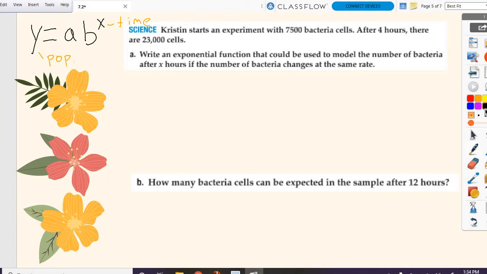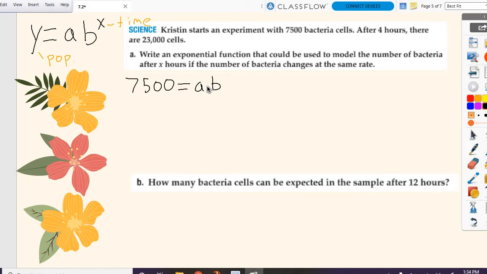So like I said, they give us some information to start out with, and we need to use that information. So they tell us that at the beginning of the experiment, the population of bacteria is 7,500. Well, we said 7,500 is represented by y. So we plug that in to see if maybe we can solve for a or b.